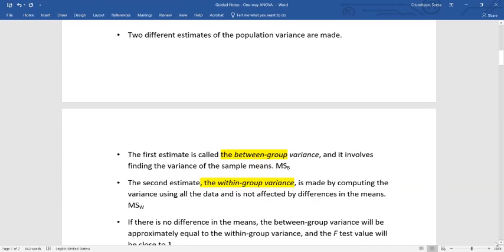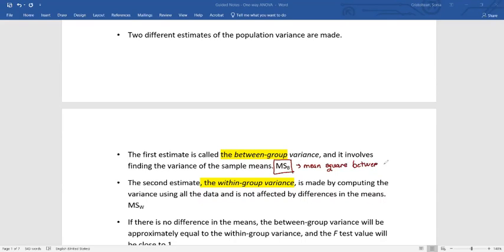When it comes to testing three or more means, two different estimates of the population variance are made. The first estimate is called the between group variance, and it involves finding the variance of the sample means. The notation is this one, and that is called the mean square between.